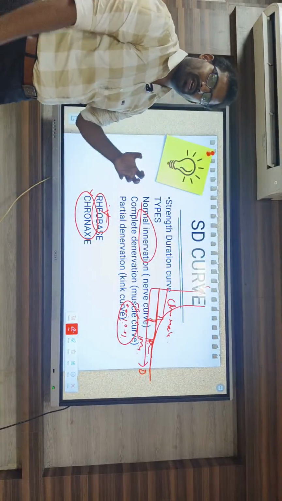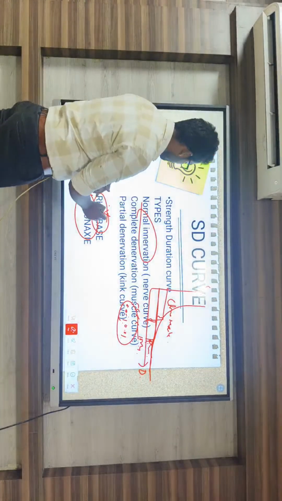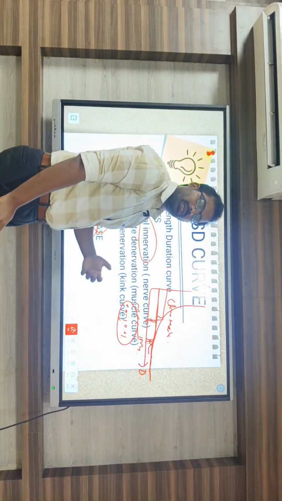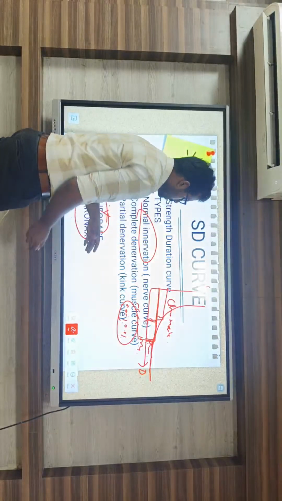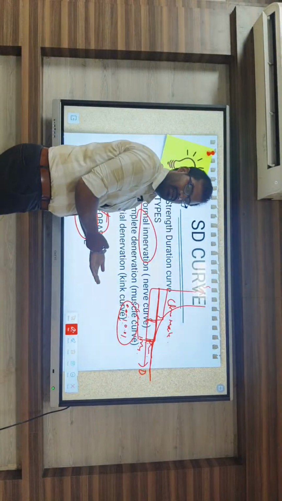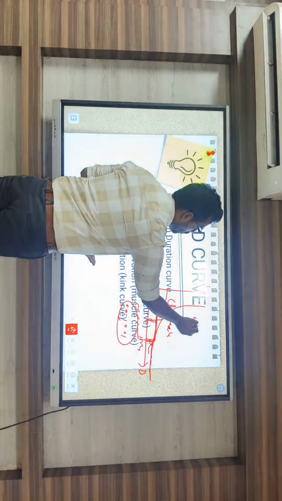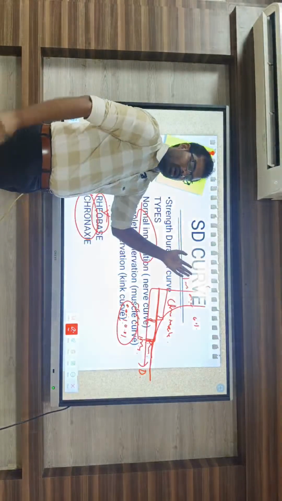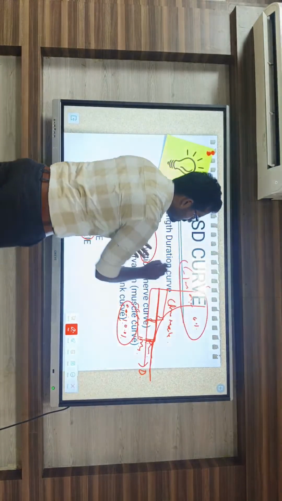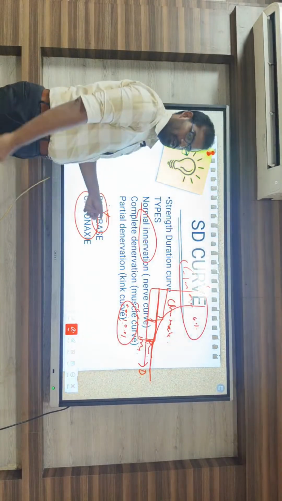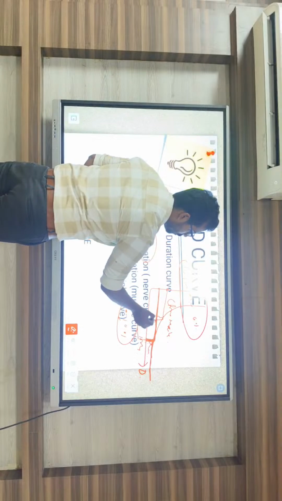The minimal amount of intensity required to produce the muscle contraction. Under the Rheobase, whether the duration reduces below 1 millisecond, to 0.01 or 0.001, whatever the amount of duration, the muscles are going to flicker. That is known as Rheobase. This is the Rheobase level.